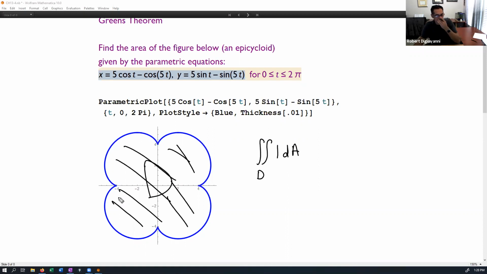But the beauty of Green's theorem is that if we just travel along this curve, we can do it. We can convert that into the closed integral over the curve C of x dy.